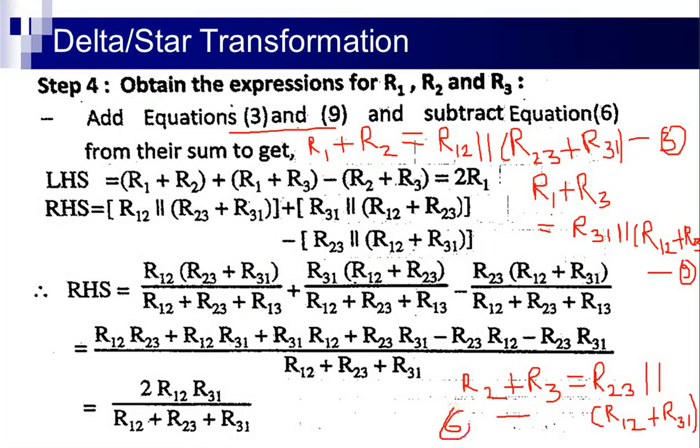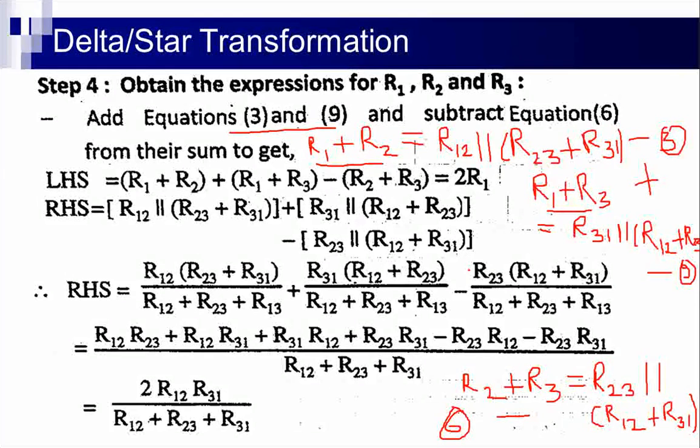So what we have to do now? We have to add these two equations, and from this addition we have to subtract this equation number 6. So first of all, add left hand side of 3 and 9 and subtract left hand side of equation 6, and then the right hand side. Means by going step by step we can find out the value of R1, R2 and R3.